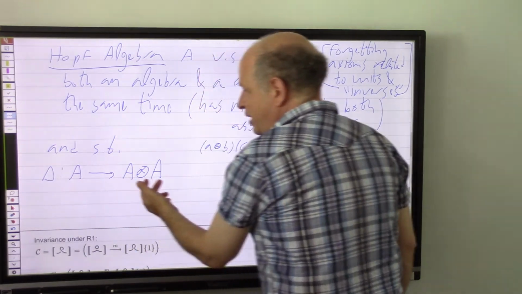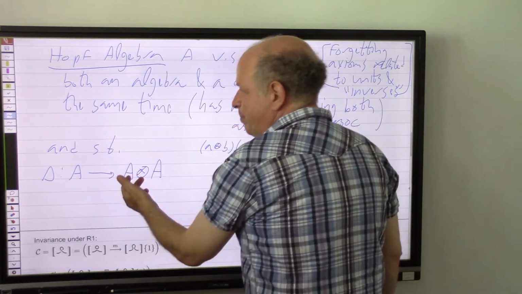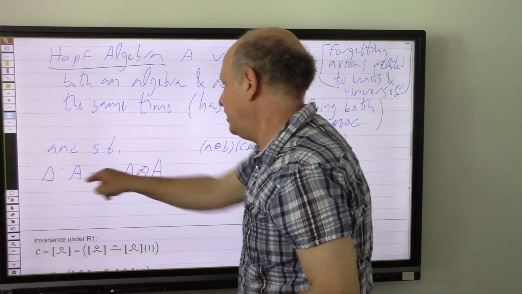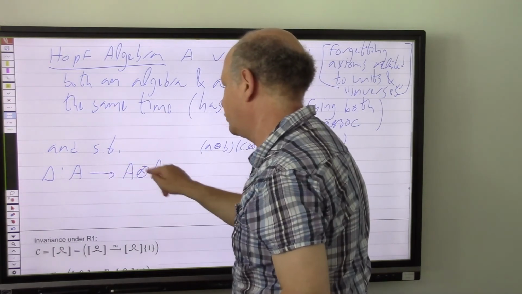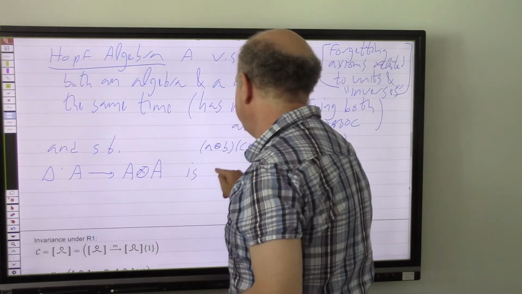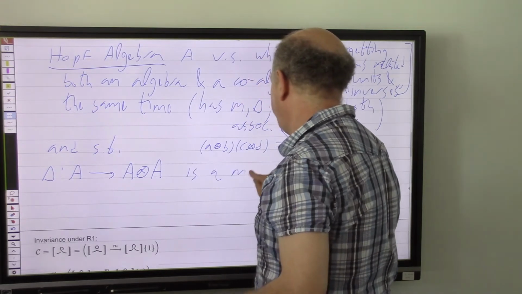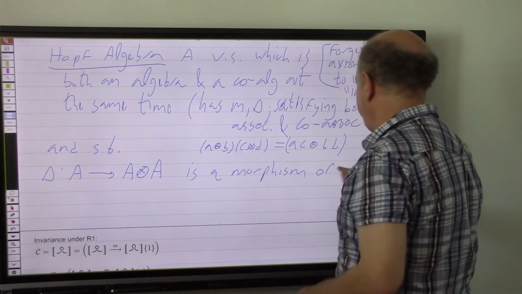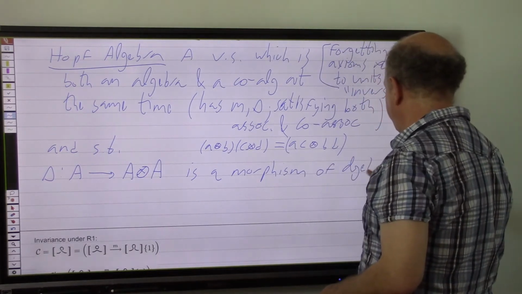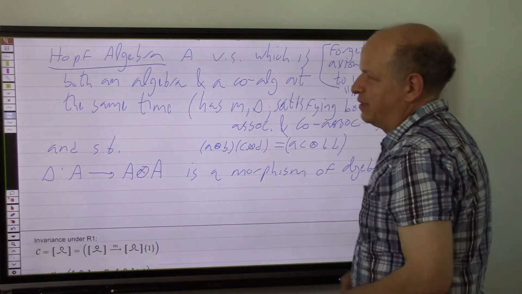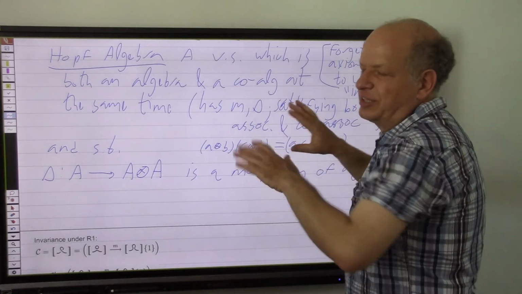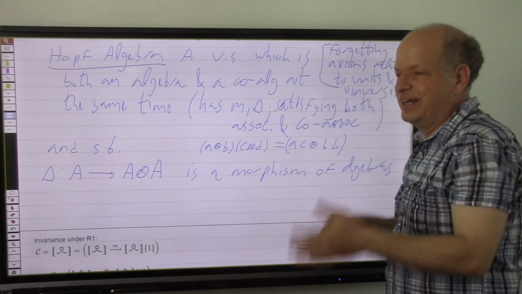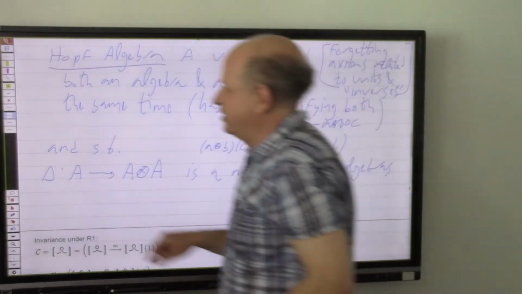And the condition is that delta, which goes from A to A tensor A, is a morphism of algebras. It's a bit mysterious and worth talking a lot about, but since it's not what we need, I'm going to skip it. Okay.